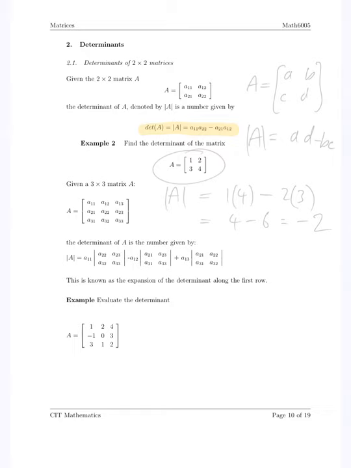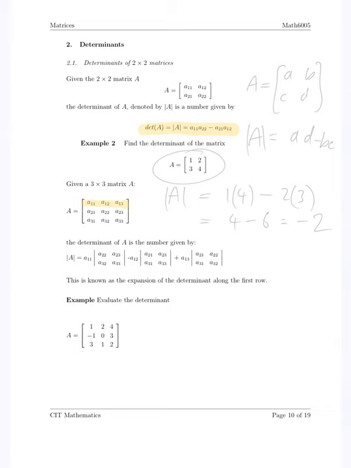Calculating the determinant of a 3 by 3 matrix is a little bit more complicated. So here is a formula for calculating the determinant of a 3 by 3 matrix, and it involves taking the elements across the top row and then calculating determinants from smaller matrices that are made up out of the 3 by 3 matrix.